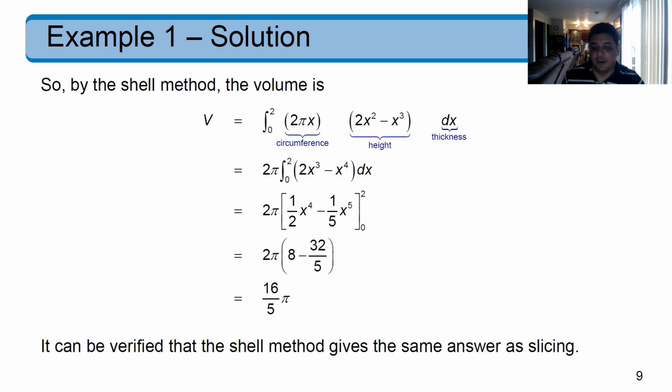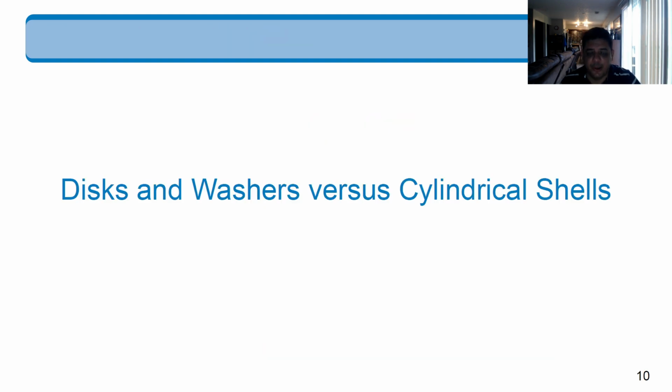I integrate the powers, plug in the numbers, and that's going to give me 16 over 5 times pi. You can verify this. The shell method is going to give you the same answer as the slicing method if necessary. And so that poses the question, what is better?